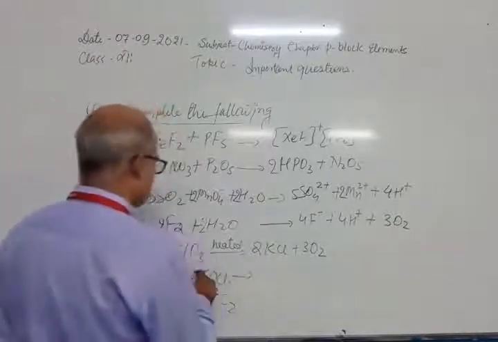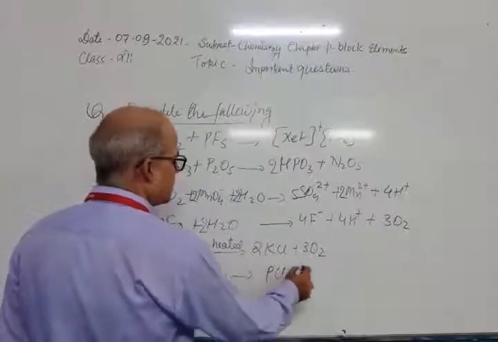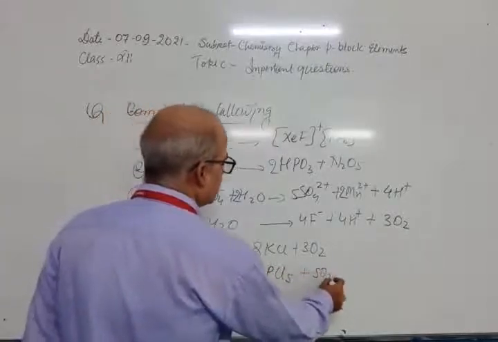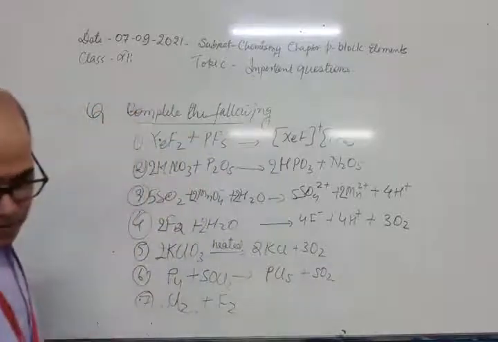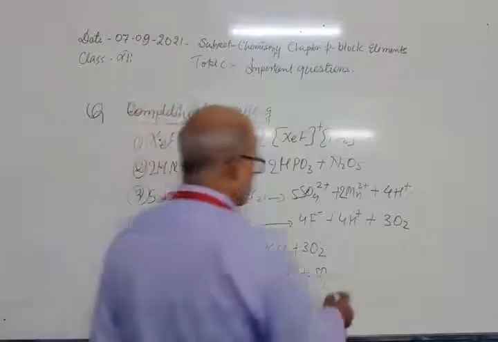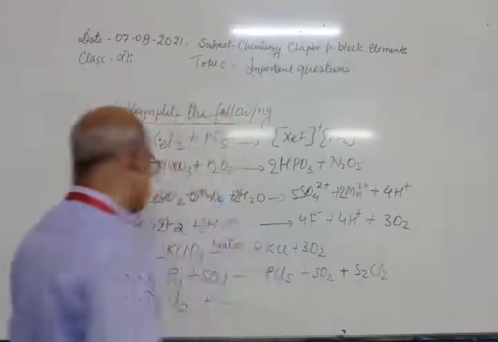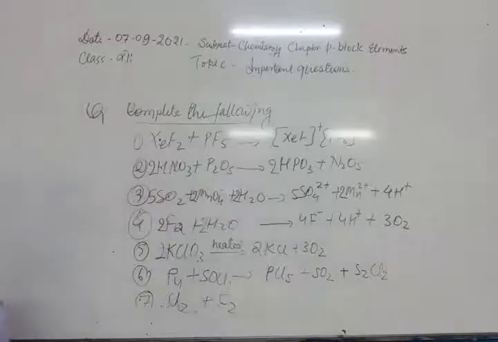Here will be PCl5 plus SO2 plus H2Cl2 plus H2Cl2. Now we have to balance the equation.